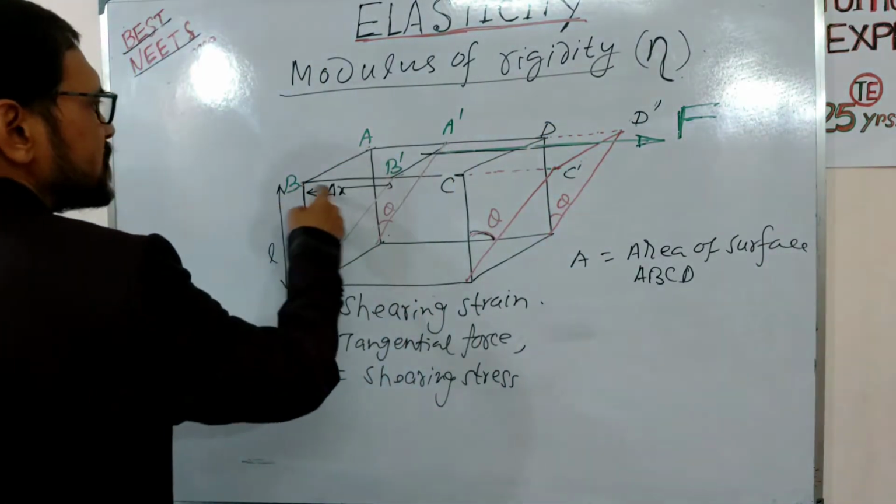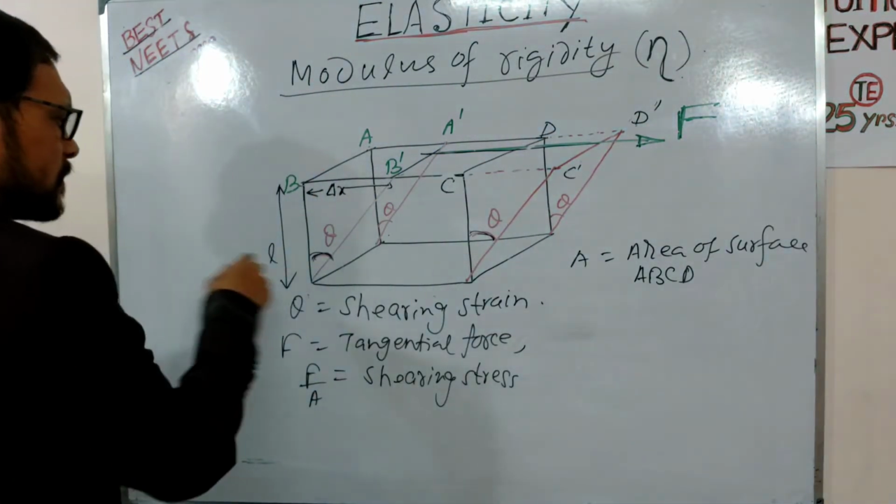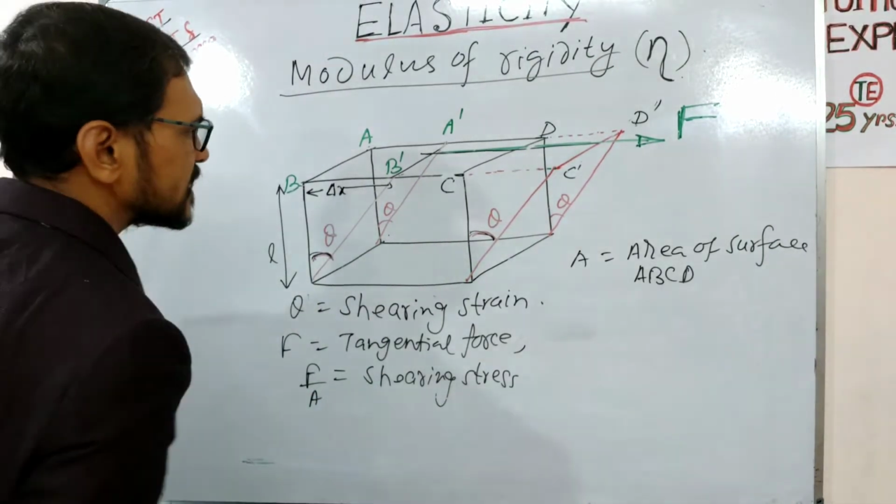So the surface ABCD now becomes the surface A dash B dash C dash D dash. This angle theta is formed. Theta is shearing strain, and F by A is shearing stress.